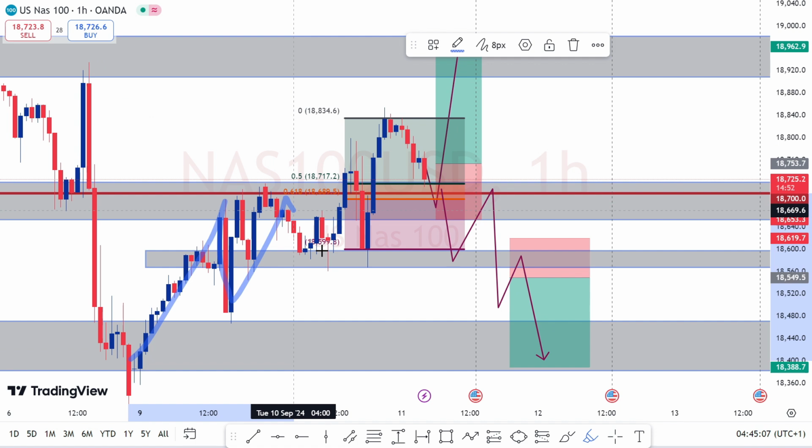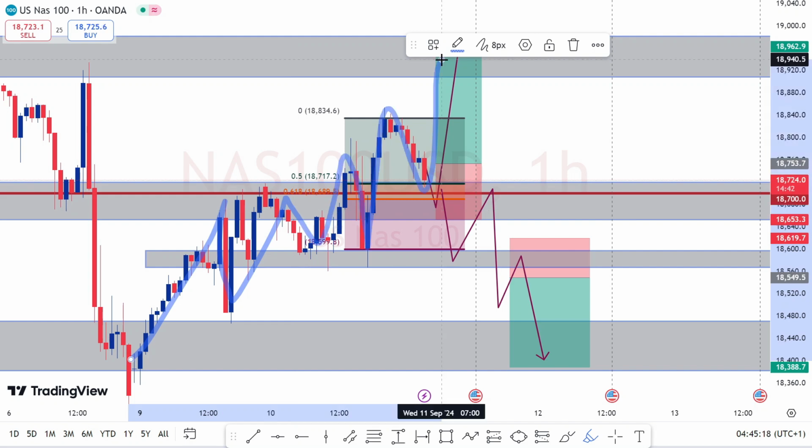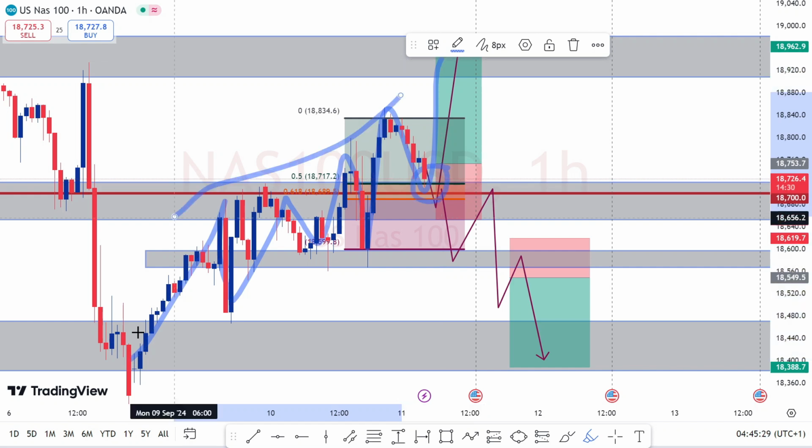This is the higher low. So what are we expecting? A higher high also. We are waiting for a higher high, first of all, to move with the direction of this bullish market here. We are looking to go with the direction of the bullish market.